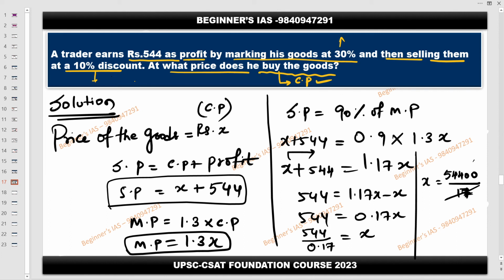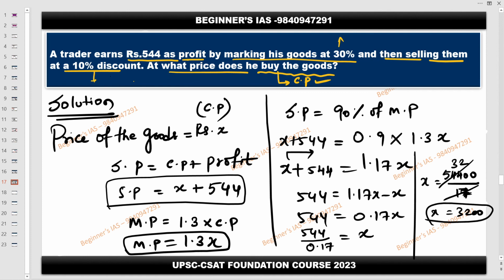So therefore 3200. Or else you can do it in this way, right? The denominator contains 2 decimals, therefore we have to multiply 100 in the numerator and 100 in the denominator, therefore it will become 54400 by 17. Then you can go with this method.